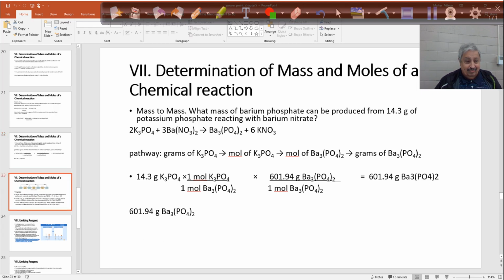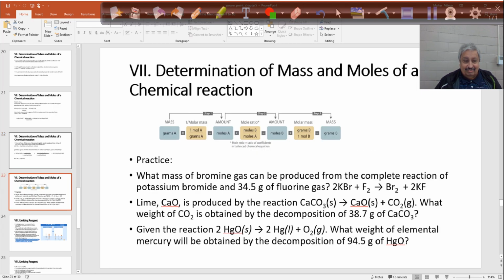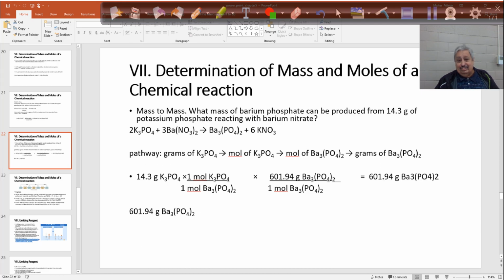But they did not have this. Oh, they did not finish it. But we did finish it. They did barium sulfate, and they did the other one. They did it from the potassium sulfate to get the barium sulfate. So we did. They did 1 mole to 1 mole of this.